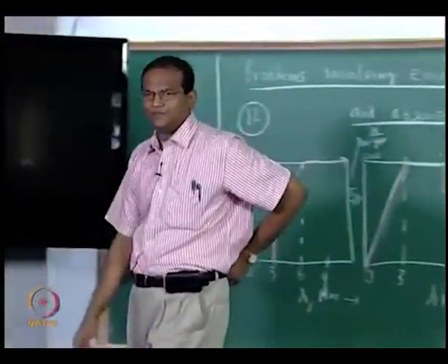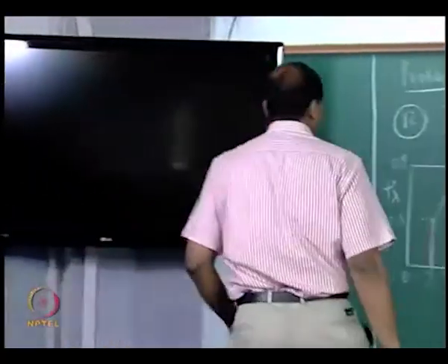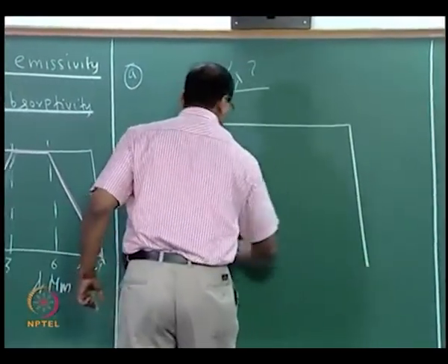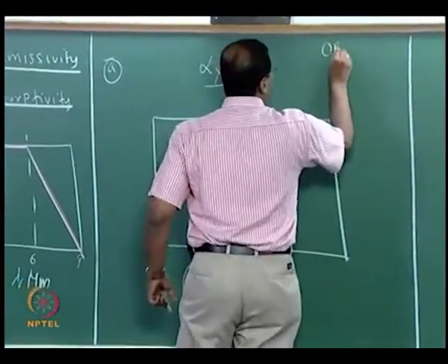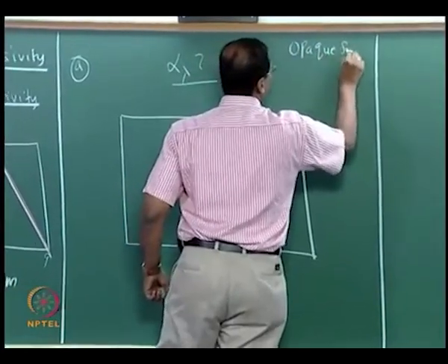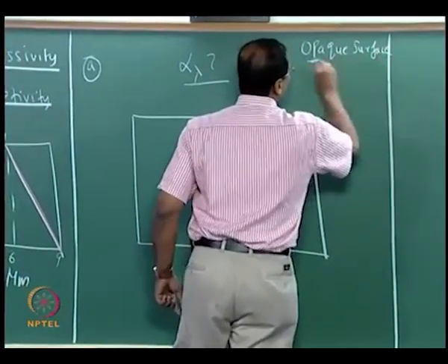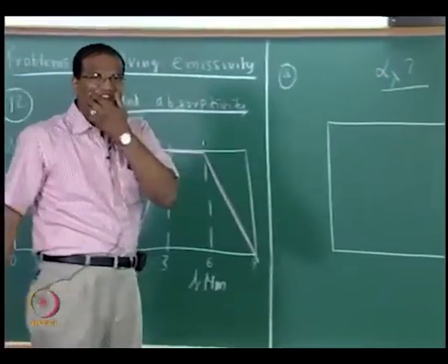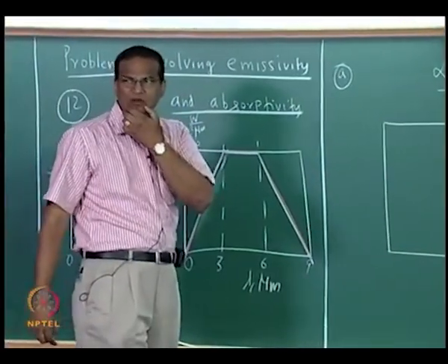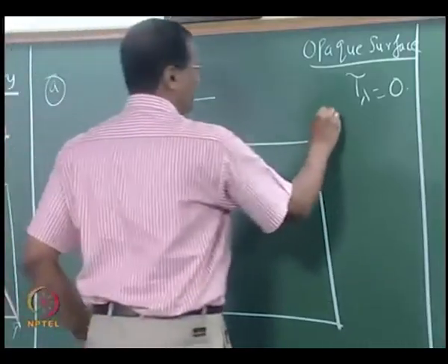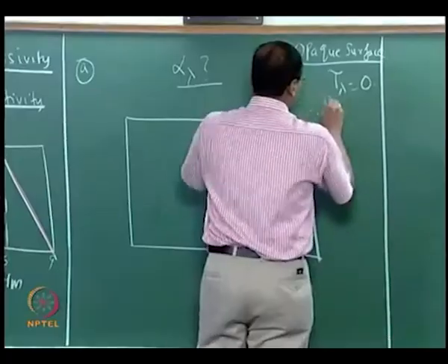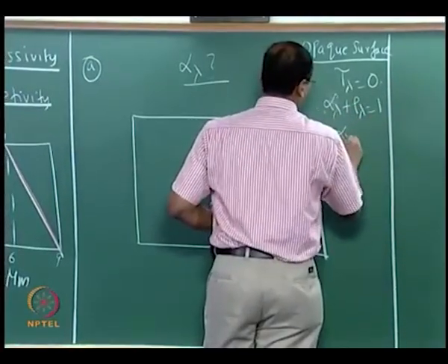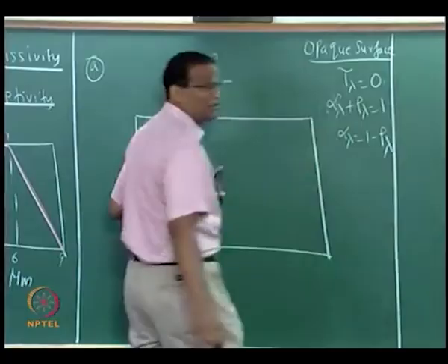Alpha lambda dash, correct? So, the solution is like this: opaque surface, tau lambda, there is no transmissivity, nothing comes out of the surface. Just the mirror image of this.